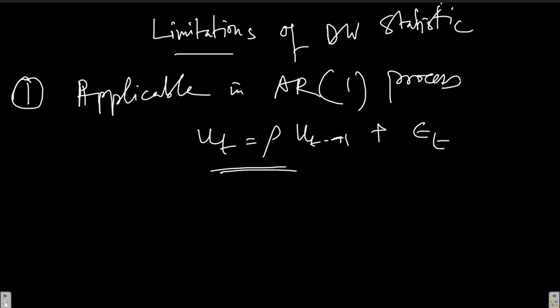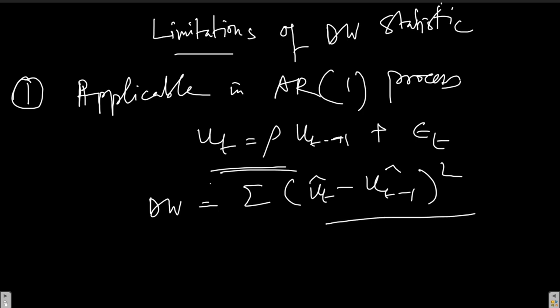And when we expressed the dw stat in terms of this formula, in the numerator I had ut hat minus ut minus 1 hat squared, and in the denominator I had ut hat squared, with t going from 2 to T and t going from 1 to T. So I took only these two values, ut and ut minus 1.